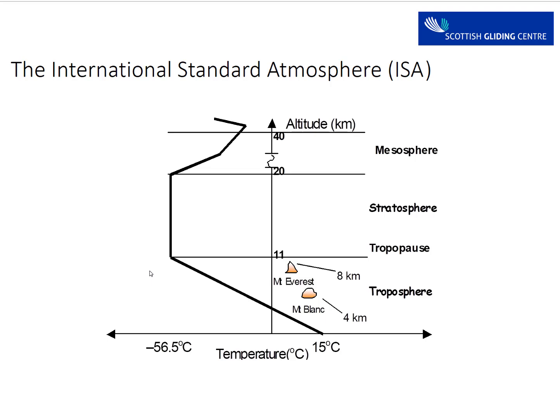And once we pass what's known as the tropopause, then the temperature remains constant at minus 56.5 degrees C. And that area where the temperature remains constant is referred to as the stratosphere. Once we reach the edge of the stratosphere, we enter the mesosphere, where the temperature starts rising again. But that's up at about 70,000 feet.